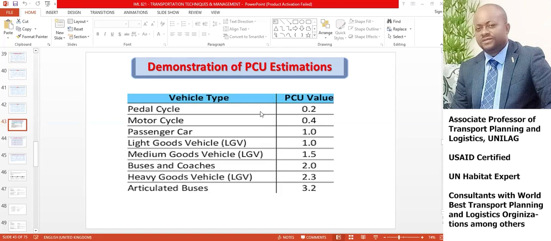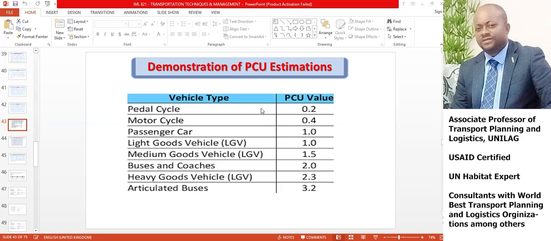Now, let us get to pedal cycle. Do you know the meaning of pedal cycle, class? From the word pedal, like a bicycle. So now, let's say we have 300 bicycles here.